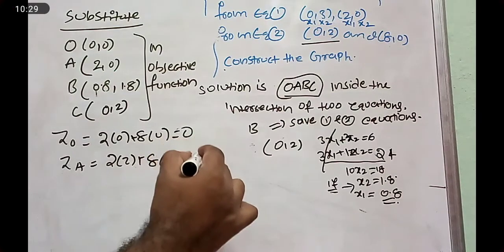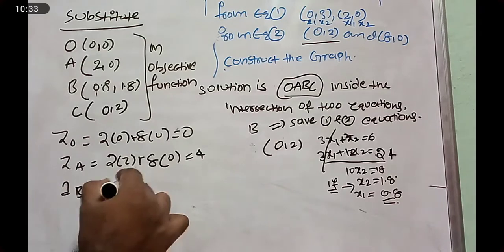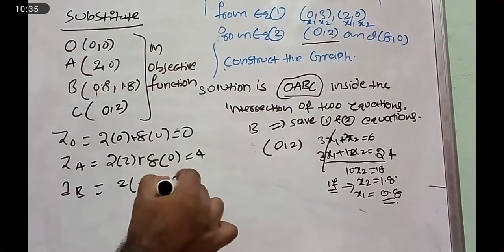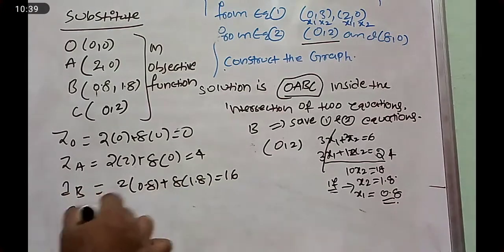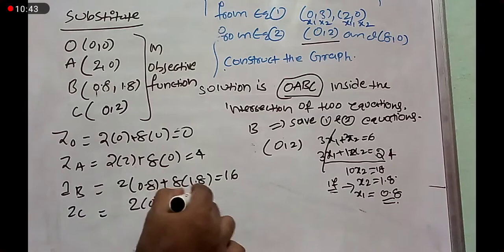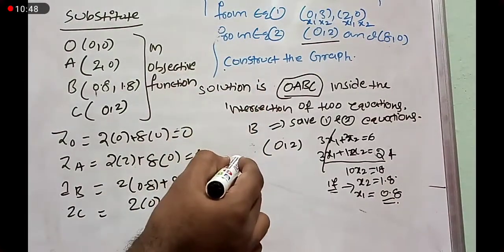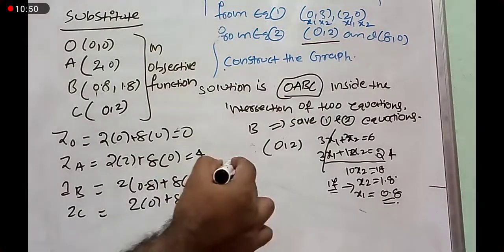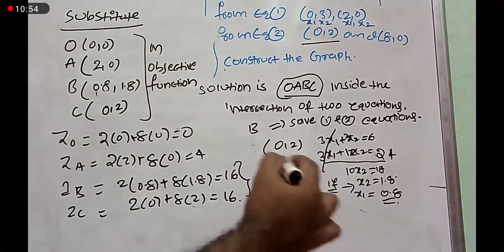So in a minimization objective function, if the optimization objective is minimizing the cost, then the low value is the answer. But if the objective is maximization, that is the optimum value is the maximum value, then we have to select the maximum value for the solution.